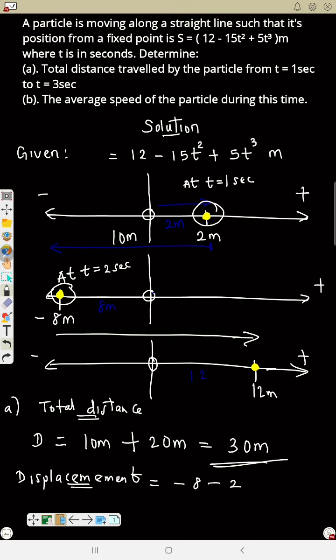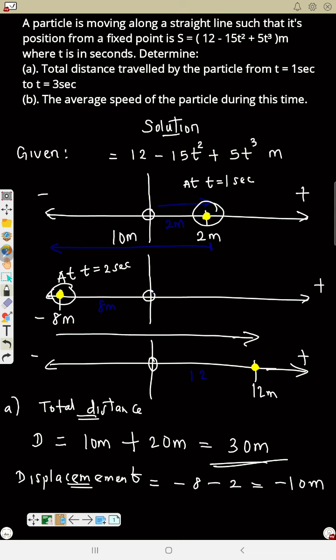So that is the definition for displacement: shortest distance between the final position and initial position. As final position is -8, initial position is 2, the difference, that means -8 minus 2, is equal to -10 meter.